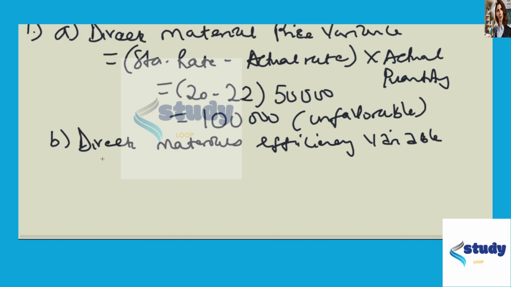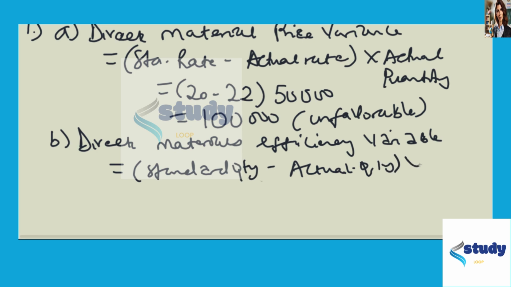This is equal to the standard quantity minus the actual quantity, multiplied by standard price.